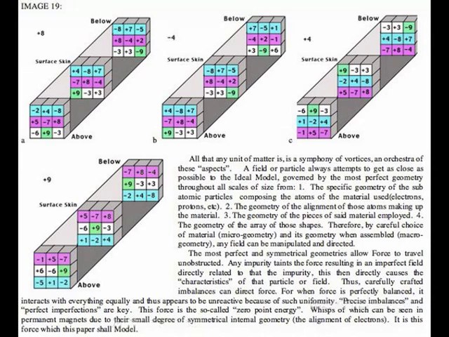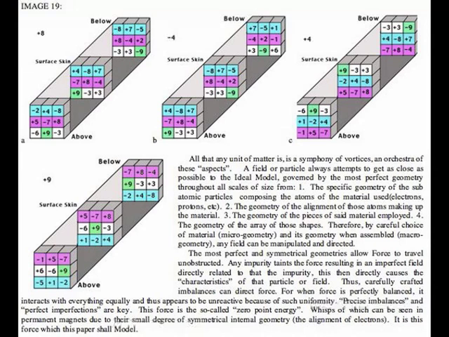A field or particle always attempts to get as close as possible to the ideal model, governed by the most perfect geometry throughout all scales of size, from 1. The specific geometry of the subatomic particles composing the atoms of the material used, electrons, protons, etc. 2. The geometry of the alignment of those atoms making up the material. 3.